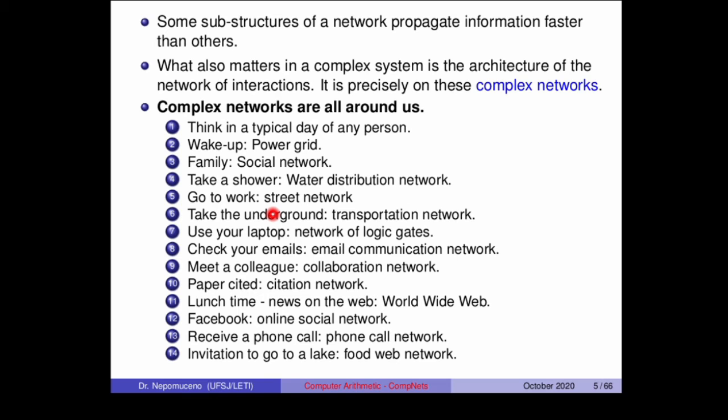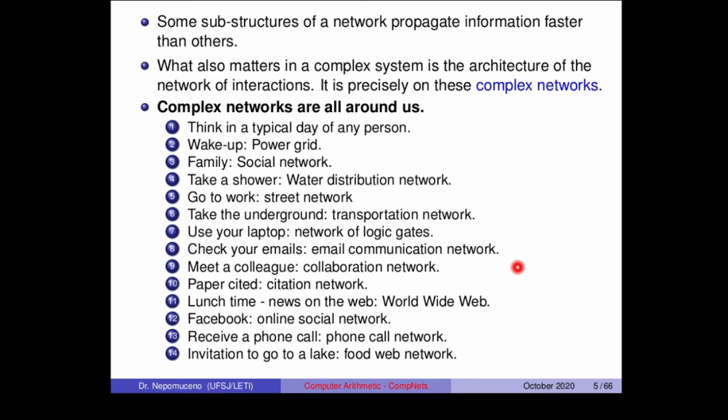When you go to work, you use the street network. If you take the underground, you use the transportation network. When you are using the laptop, you use, in fact, a network of logic gates. When you are checking your emails, you can see an email communication network.